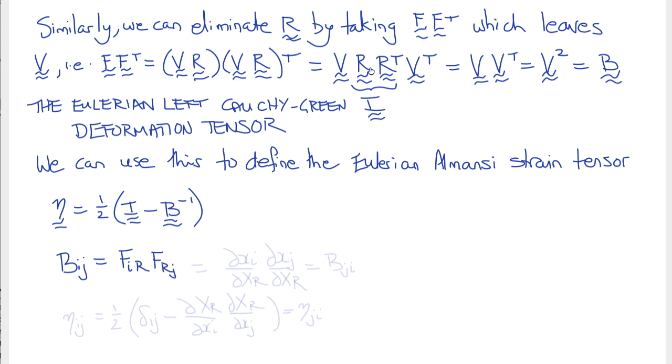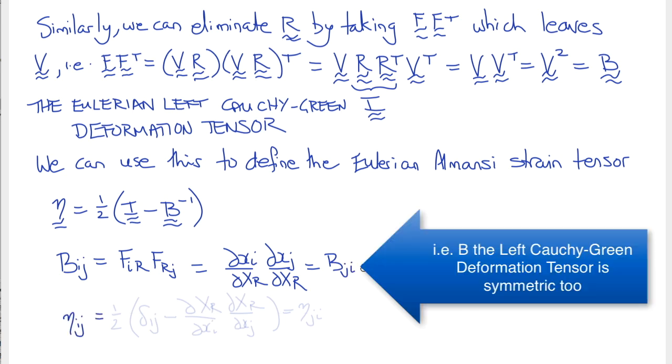So notice this time it's the components that refer to the undeformed reference coordinates that are summing, leaving us ∂xi/∂Xr ∂xj/∂Xr. And notice that this expression is also symmetric in i and j, so B_ij equals B_ji, and this time the indices refer to the current or deformed coordinates.